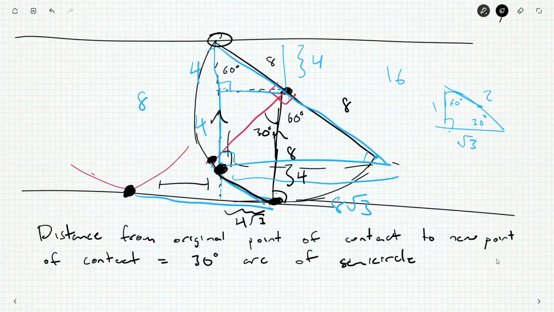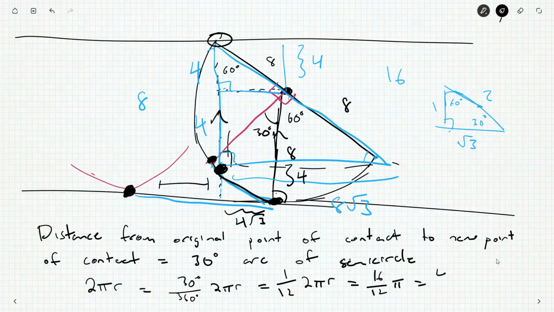So how do we, well, the circumference is 2 pi r, and if you want a 30-degree arc, you do a fraction, 30 degrees over the full 360 degrees, times 2 pi r. And this becomes 1/12 of 2 pi r, and r is 8, so this is 16 over 12 pi, or 4/3 pi. And then we come back by 4√3.